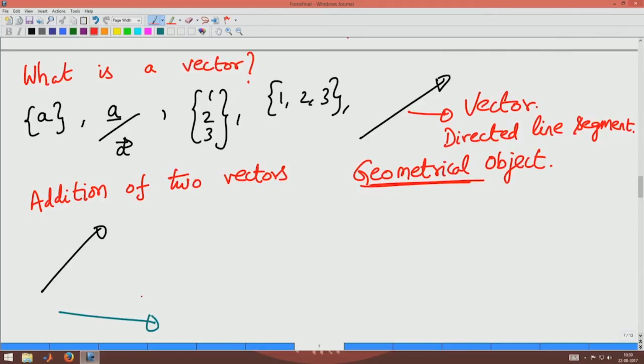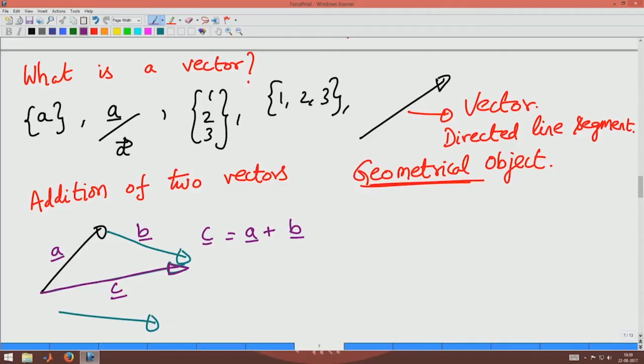I bring this dotted line segment such that I move this parallelly onto this, okay. Assume these 2 are parallel, then this is the resultant vector. This is the resultant vector C. If I denote these by A, B, I write it as A plus B to be equal to C, okay.